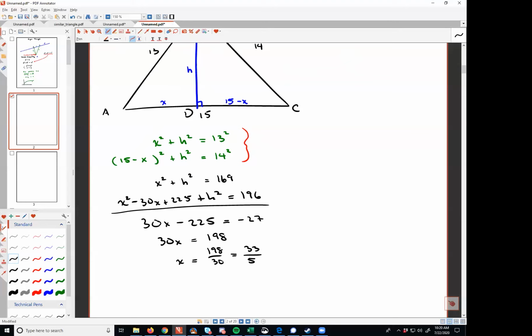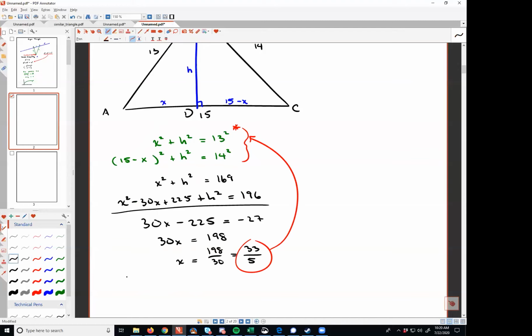Then now we can say 33 over 5 squared plus h squared is equal to 13 squared and find for x. Good, we can take this and plug it back into one of our equations. The first one is the easier one to do that with.